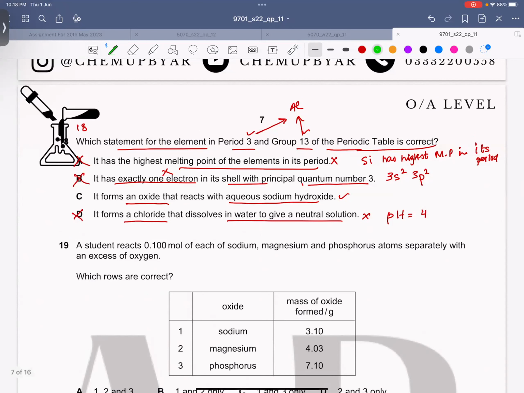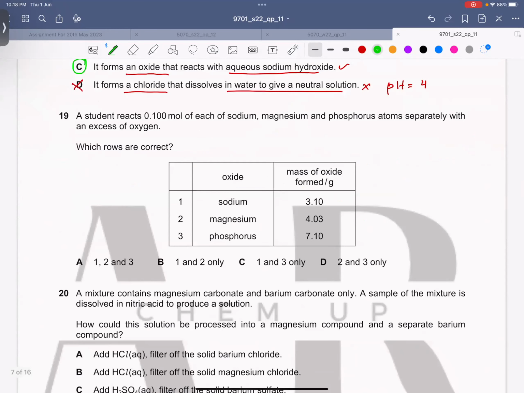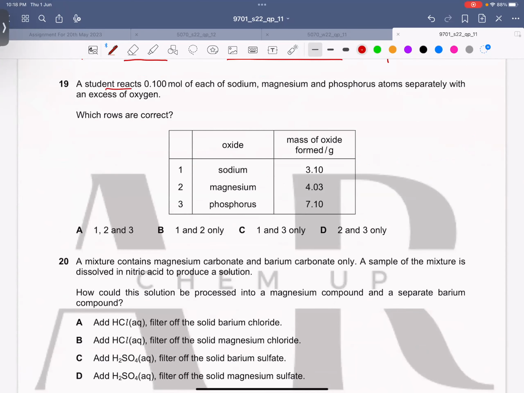Now, question number 19. A student reacts 0.1 mole each of sodium, magnesium, and phosphorus atoms separately with excess oxygen. Now they are asking which rows are correct. Let's check. When sodium reacts with oxygen, it will form sodium oxide with the formula Na2O.